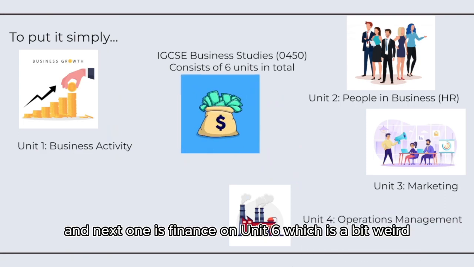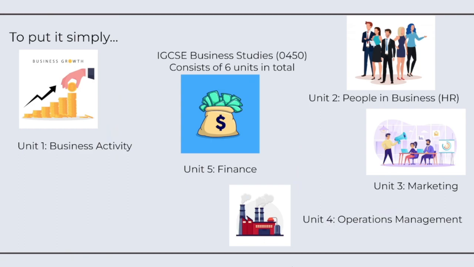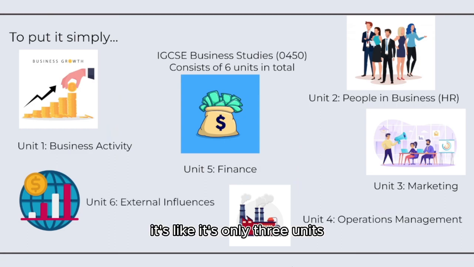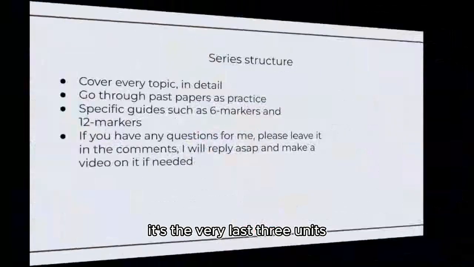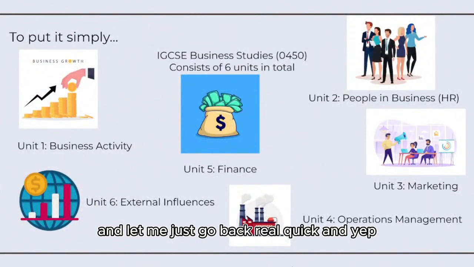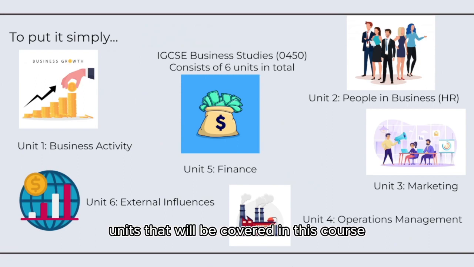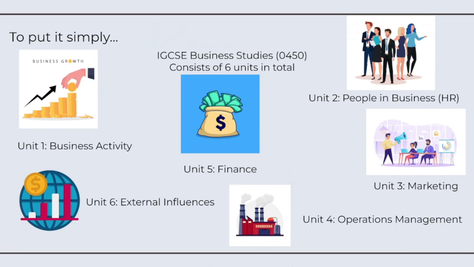And next one is finance. And unit 6, which is a bit weird. I consider this the economics section of this course. It's only 3 units. It's the very last 3 units. And let me just go back real quick. And yeah, those are the 6 units that will be covered in this course.